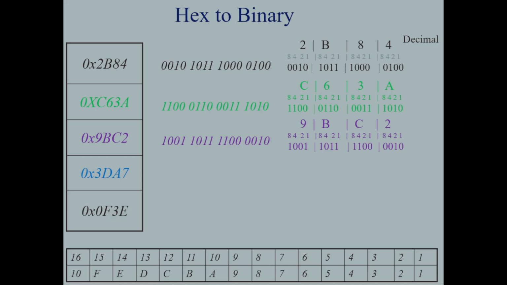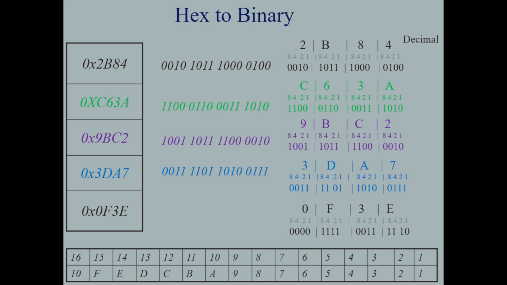And then 3DA7 converts to binary. And then 0F3E converts to binary this way. So that's how you go from hex to binary.